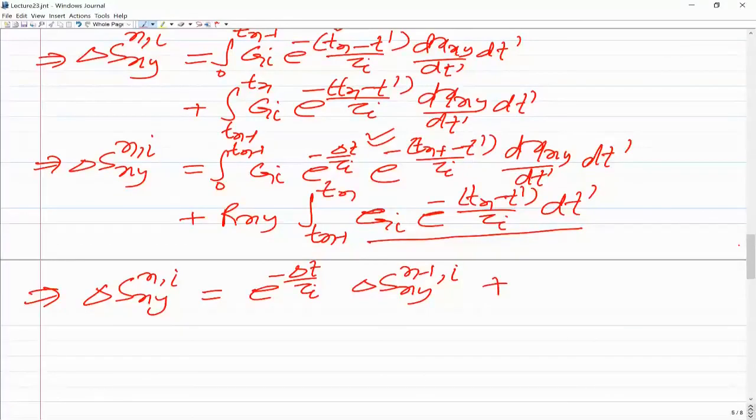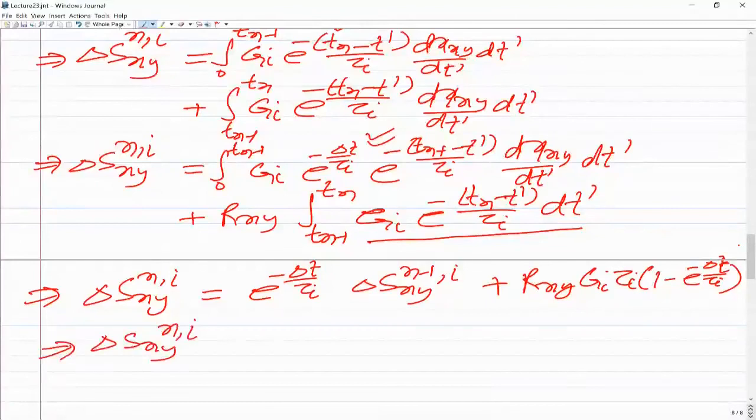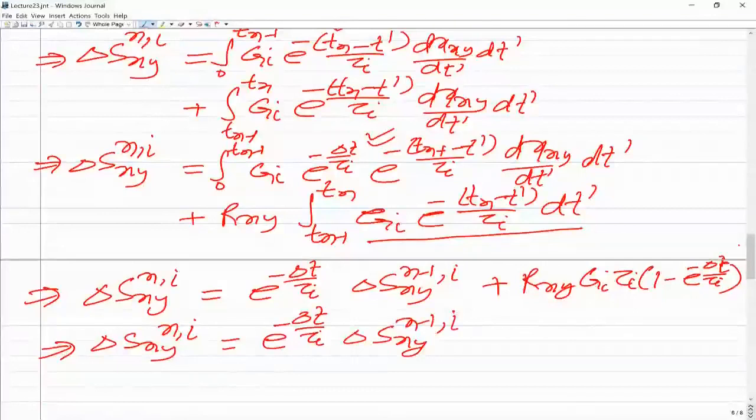So if you integrate, you will get rxy into gi tau i into 1 minus e to the power minus delta t upon tau i. So finally you can write delta sxy n comma i is equal to e to the power minus delta t upon tau i delta sxy n minus 1 comma i, and now we can multiply and divide by delta t over here.